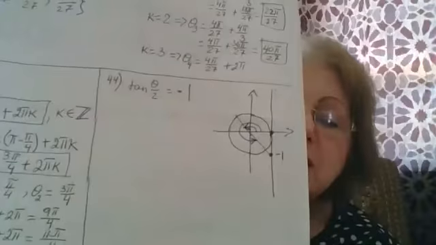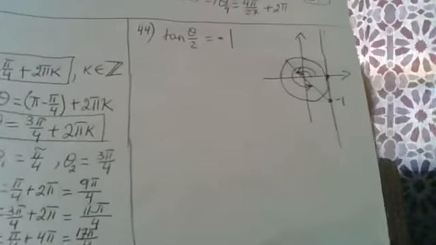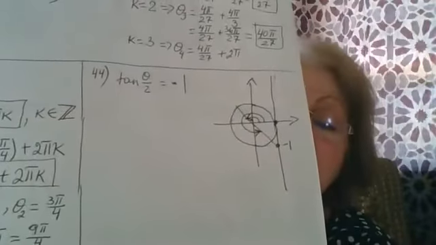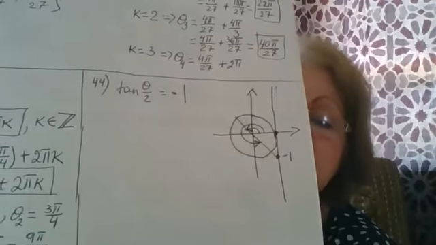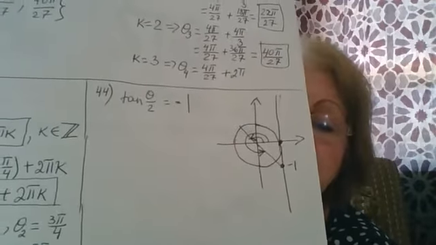And now connect this point, the center of the circle, and here, even in one circle, you see 2 angles. One is in the second quadrant, another is in the fourth quadrant.